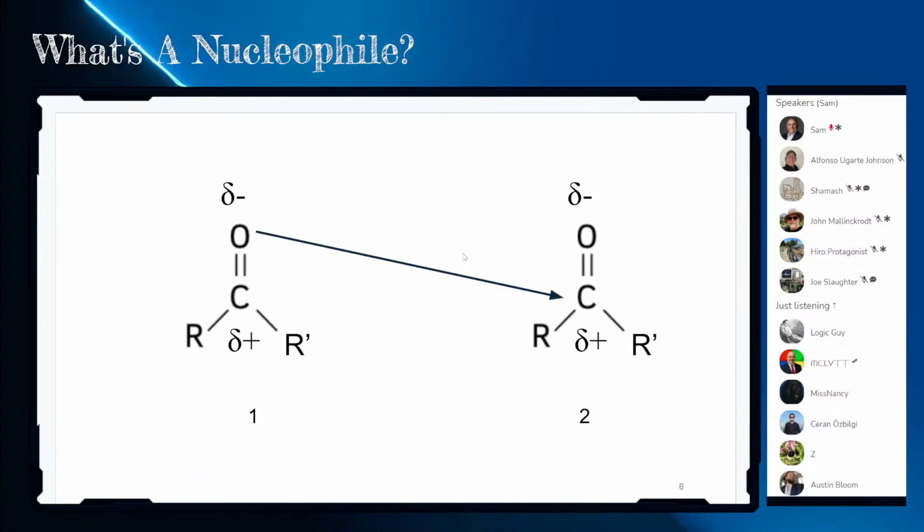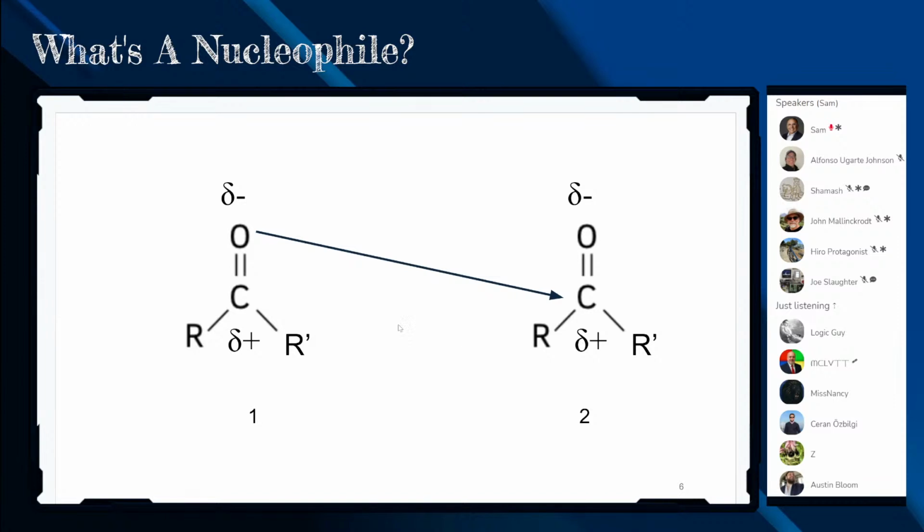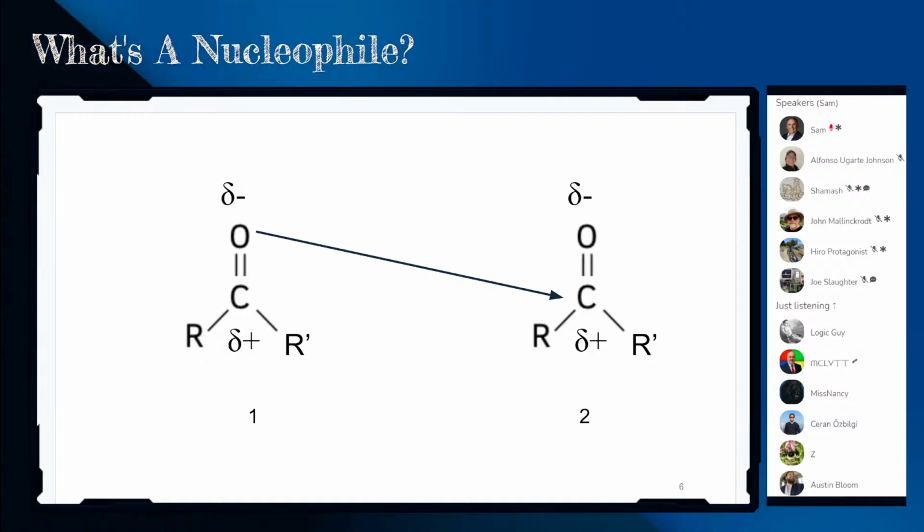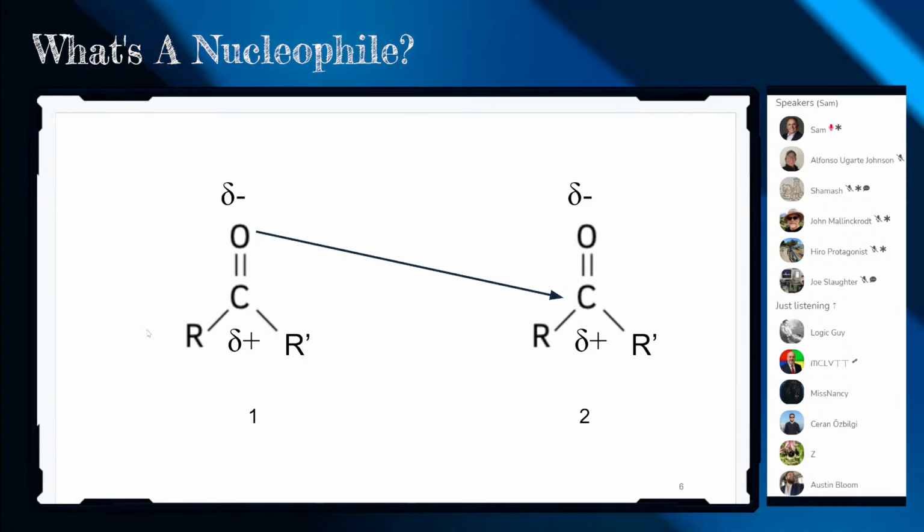And I've shown that because it makes it really clear. There's nothing else around the oxygen to conceptually interfere with the electron withdrawing abilities of oxygen to form a partial negative charge. But an oxygen-carbon bond doesn't have to be a double bond.